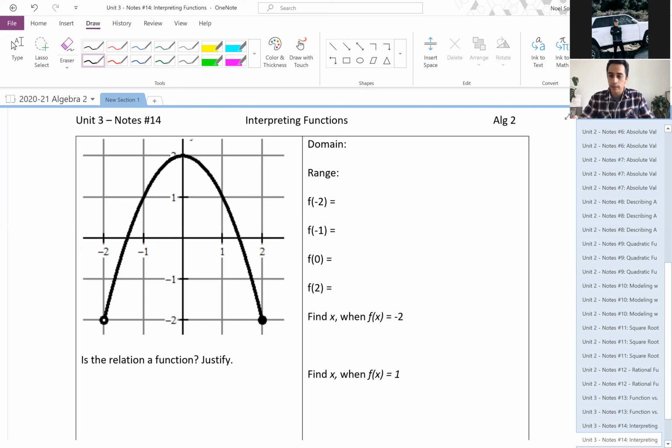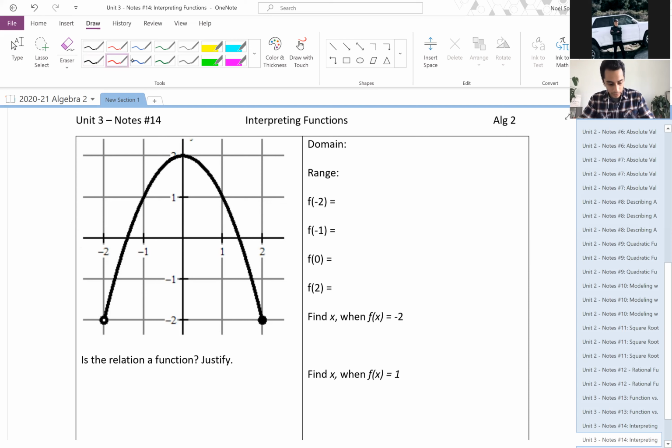If this is the relation or the curve that we have, the first thing we want to do is identify the domain. Domain is information about how far left and how far right the curve goes. If I look to see how far to the left the curve goes, what would you say that is? Yeah, it's -2.